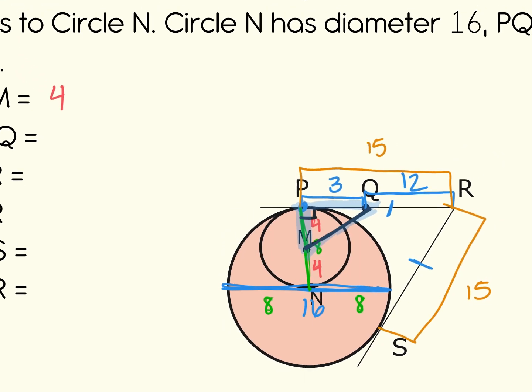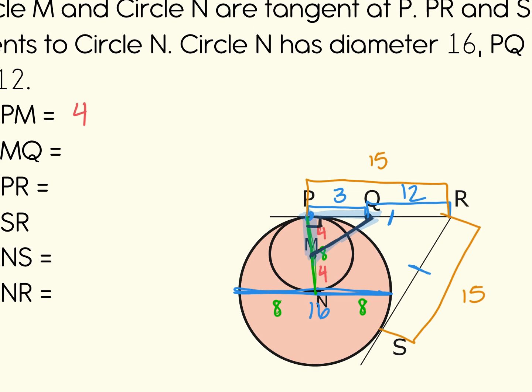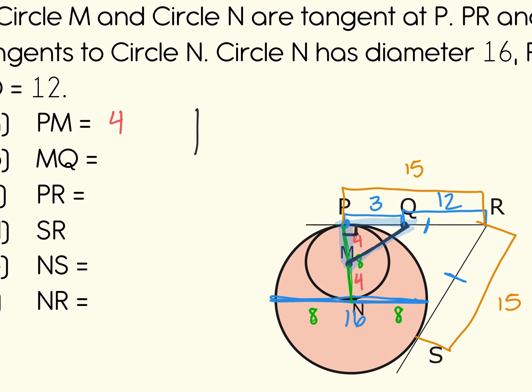I can find a missing piece of that right triangle. So I'm going to go ahead and draw that triangle right here. I have P, I have M, I have Q. It's a right triangle. I have 3, 4, and blank. How would I find that hypotenuse?